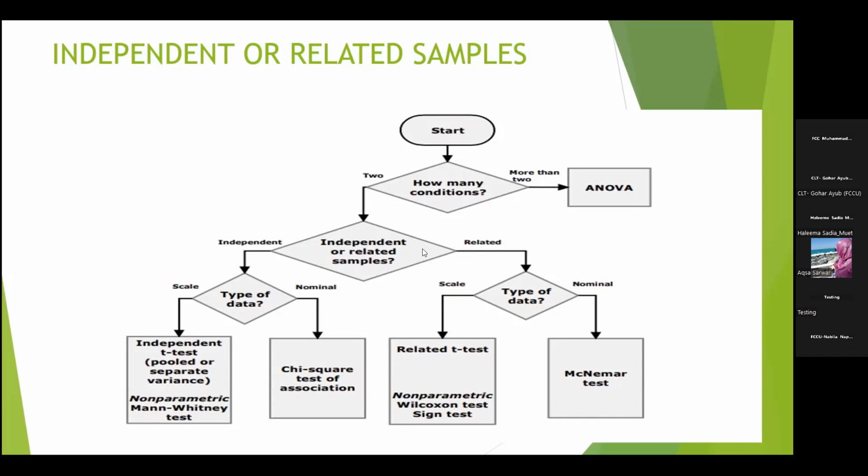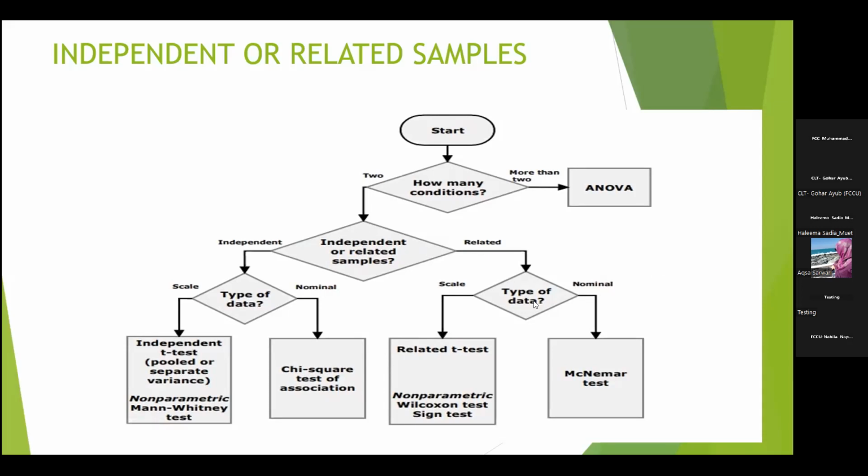Now, if the two conditions are related to each other, then we again ask which type of data it is, scale or nominal. If it is scale, you can use the related t-test, we can say the paired sample t-test, or the non-parametric tests, Wilcoxon test and sign test.